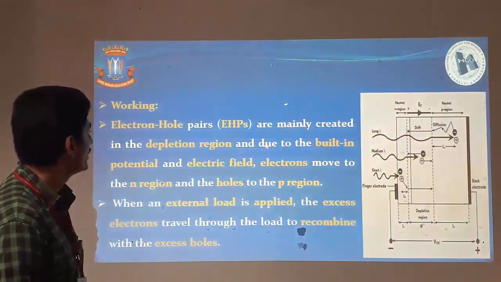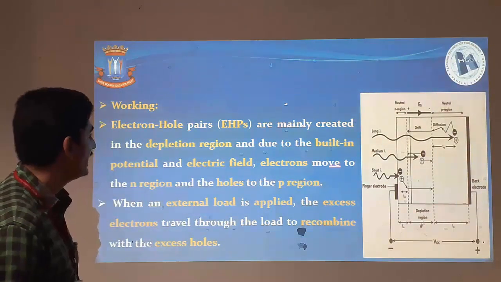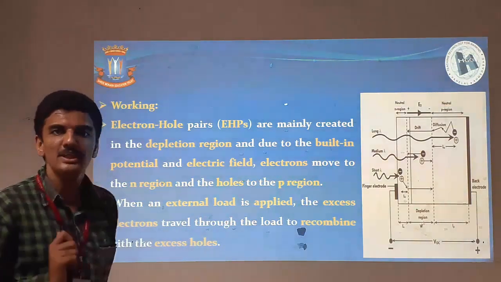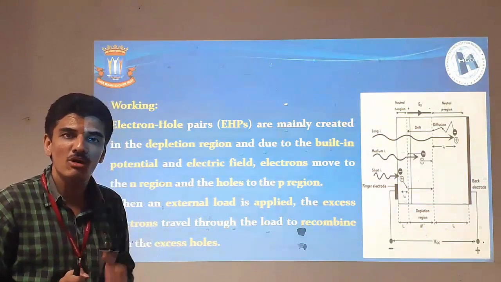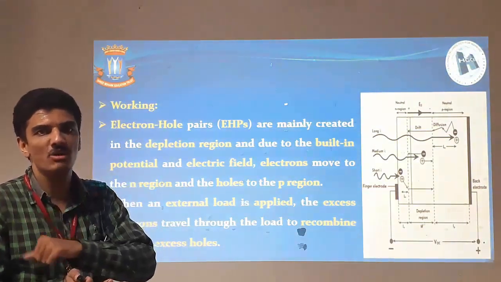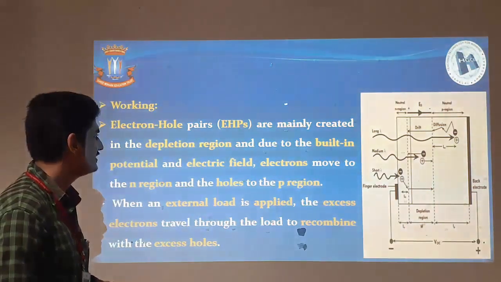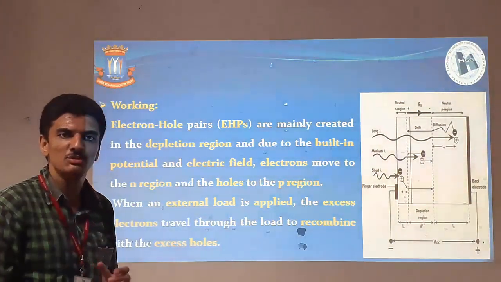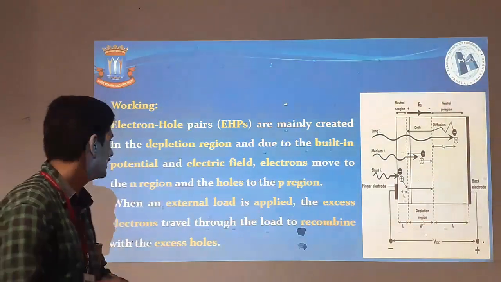Due to the built-in potential and electric field, electrons move to the N region and holes to the P region, because the N-type region is made of negative charge carriers. Hence after the incidence of the photon radiation on the solar cell, there will be the transition of electrons to the N-type region, and the holes, which are also known as positive charges, will move to the P region.